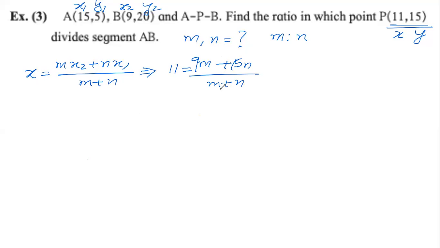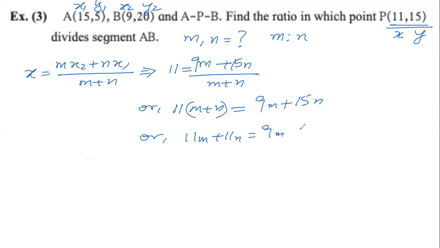Now if we take this m plus n, which is the denominator, to the left hand side, it will become 11 into m plus n, which will be equal to 9m plus 15n, or 11m plus 11n equals 9m plus 15n.